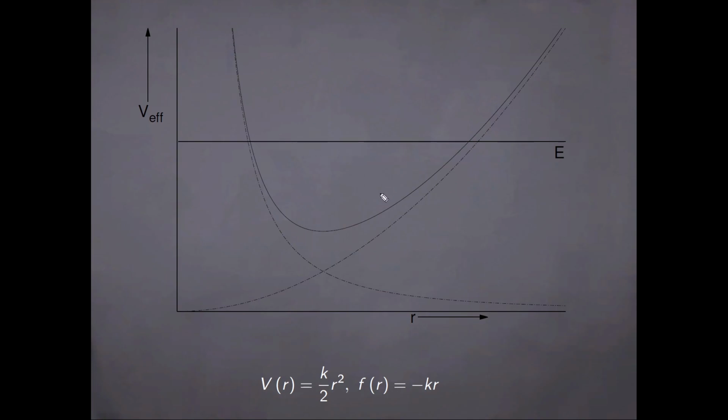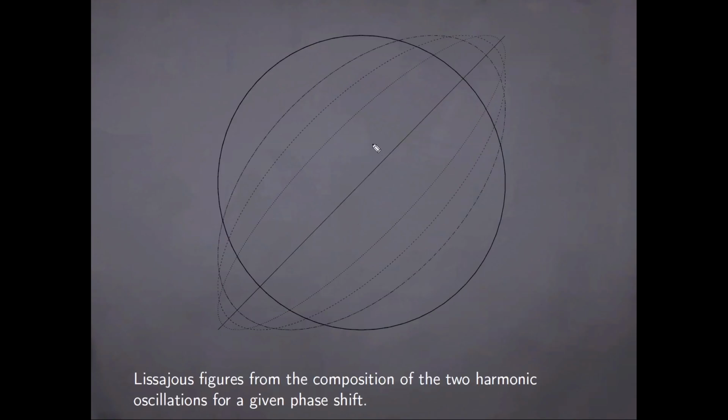And it is very simple to understand because in this particular case, it corresponds to the composition of two one-dimensional oscillations, one on the x-axis and one on the y-axis. And the resulting orbit is given by what are known as Lissajous figures.